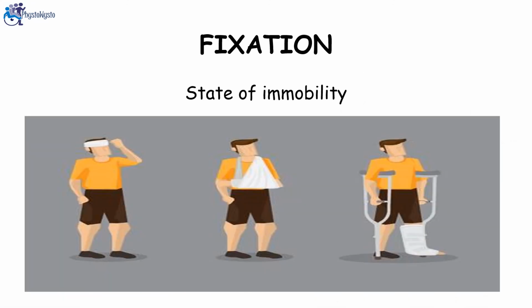Fixation is a means of preventing movements in joints and is used to improve the efficiency of muscles by fixing their origin or to localize movement in the performance of passive movements. There are two types of fixation: active fixation and passive fixation.